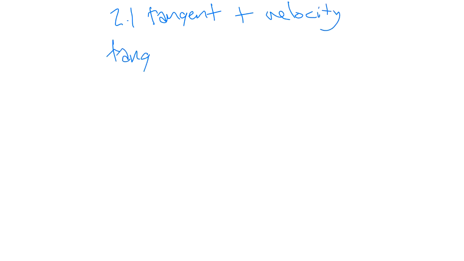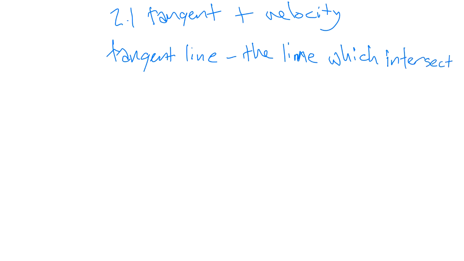Our tangent line is going to be the line which intersects with some function at some point, let's say some point x naught, only at x naught.